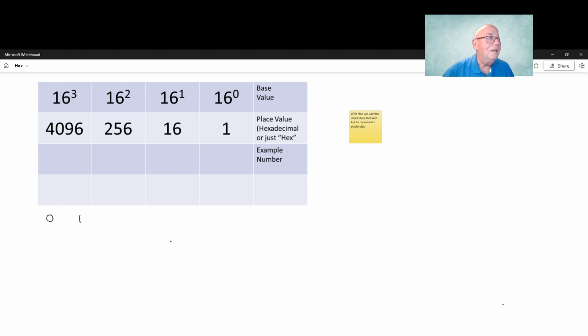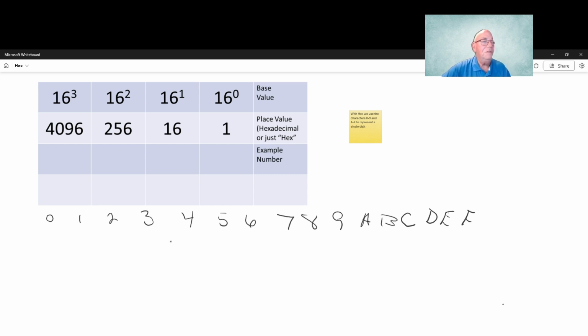Let's do this. I'm going to go 2, 3, 4, 8, 9, and then the hexadecimal, and then the remaining digits are A is 10, B 11, C is 12, D is 13, and E is 14, and F is 15.